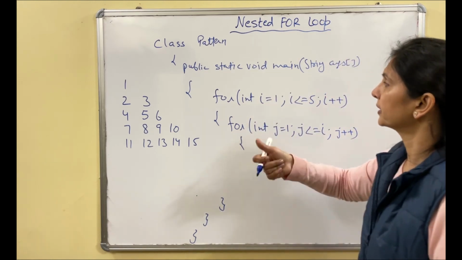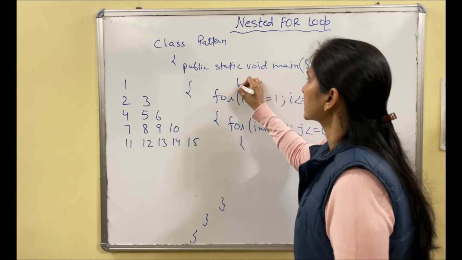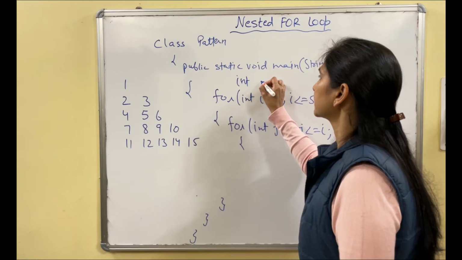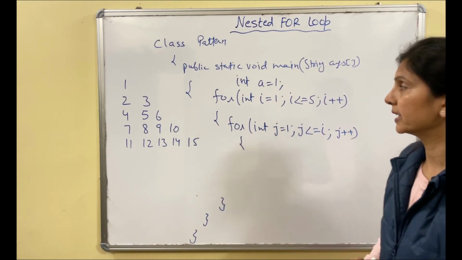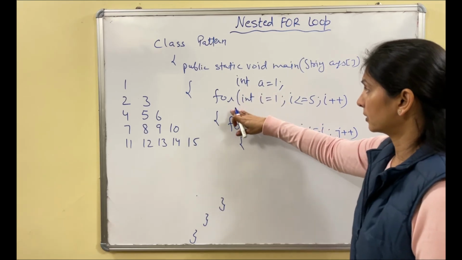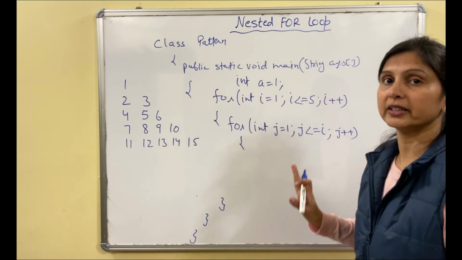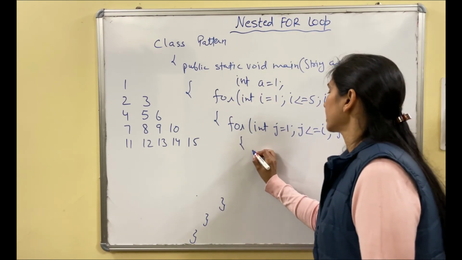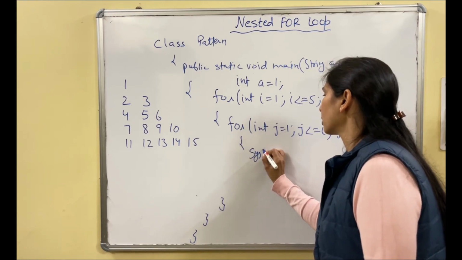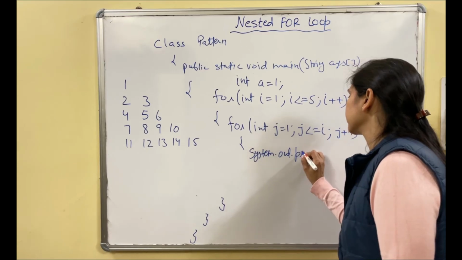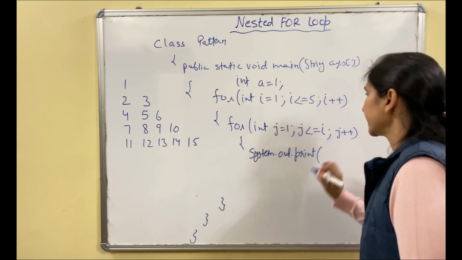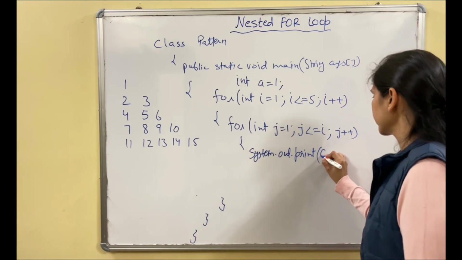I will take one variable and that is int. Let it be a equals 1. Fine. a is 1. Before the outer loop we have initialized that variable. So SOP, System.out.print, we will display what? Display a.